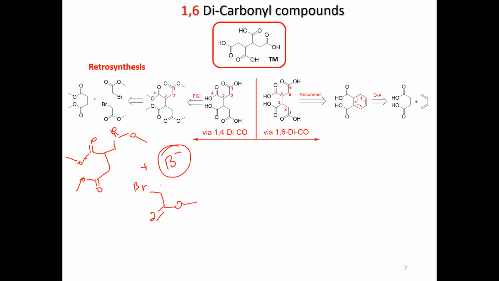What does this B minus do? It's an alpha proton. You can take it from here, you can take it from there. So you might have, despite this one is more accessible, this one is still available. Depending on the base you're using, you might have this substitution here instead of that.